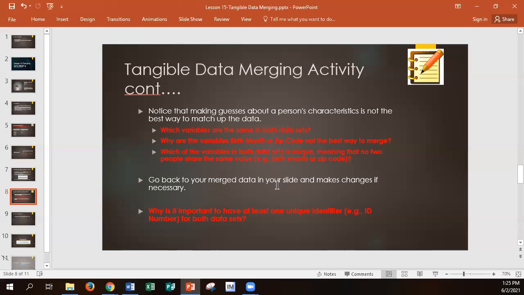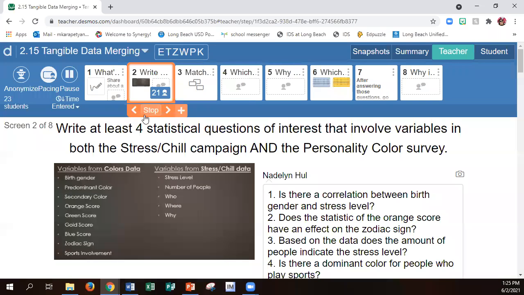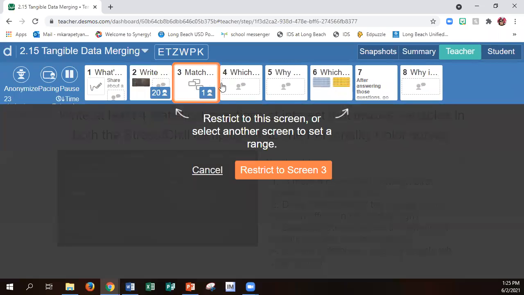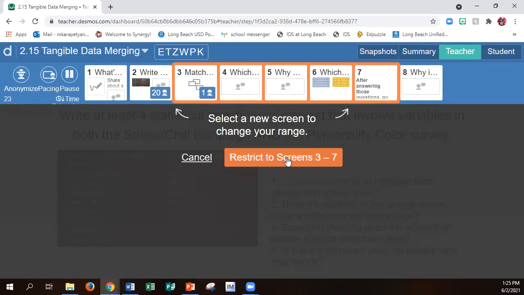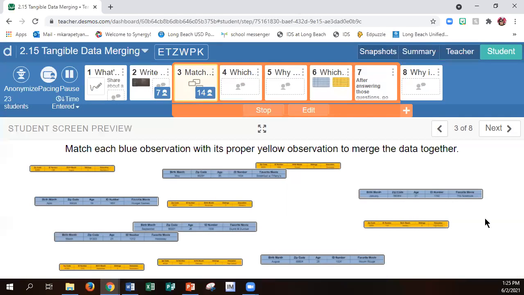So what I'm going to do now is bring up my Desmos activity and allow you guys to pace through slide 3 through 7. If you head over to your slide 3, you're going to see blue strips and yellow strips.